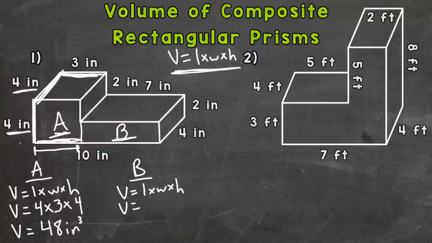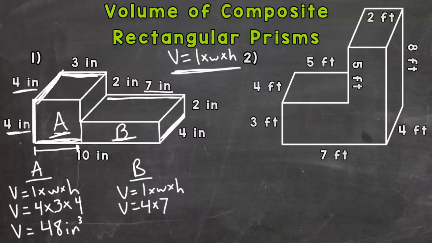So the length, how far back? Well, 4 inches. Times the width, again, don't use that 10. That 10 goes all the way across. That includes A and B. We just want the width here, which is going to be 7 inches.